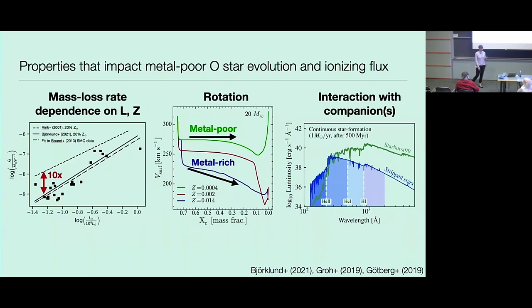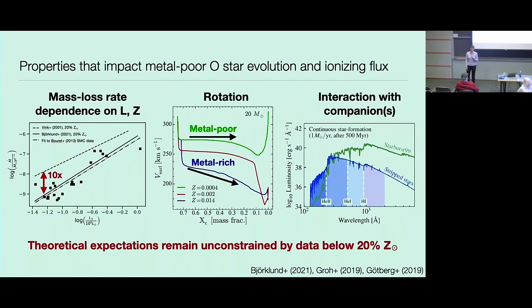So, okay, to get a handle on how to parameterize all of these things in stellar evolution and spectral models, we actually need spectra of individual massive stars to constrain the distributions of these properties. But below the 20% solar metallicity of the Small Magellanic Cloud, which is about 60 kiloparsecs away from us, spectra of individual O-stars are very rare because to find such low metallicity O-stars that are still around means that we have to look to star-forming galaxies that are all the way at the edge of the Local Group.